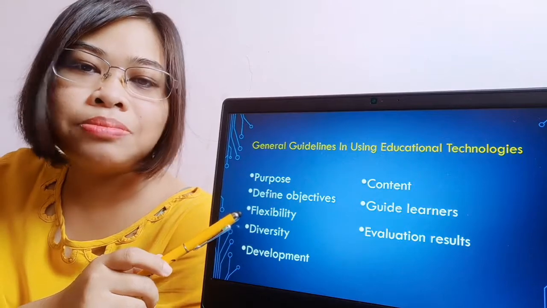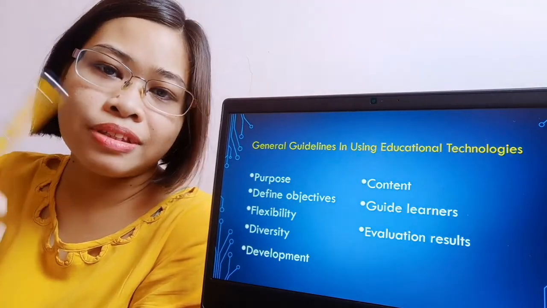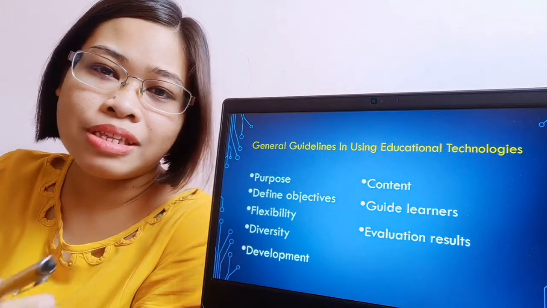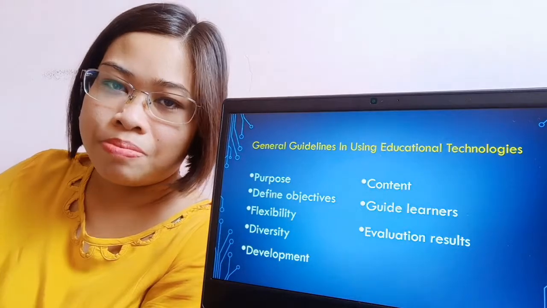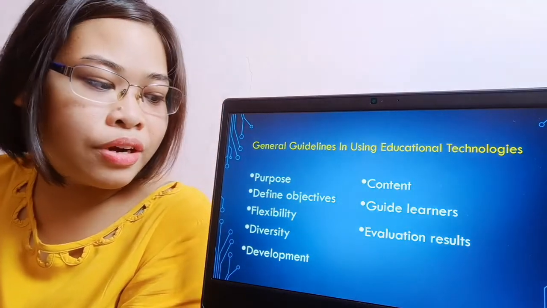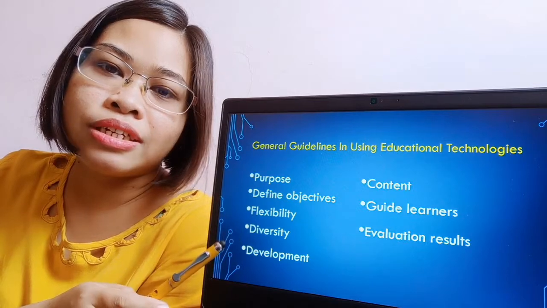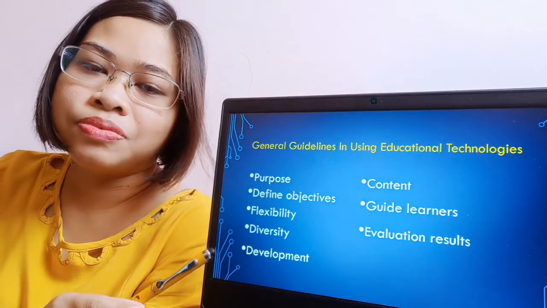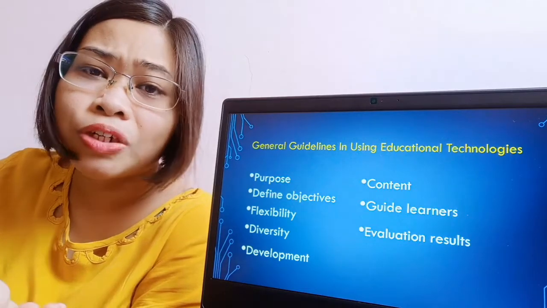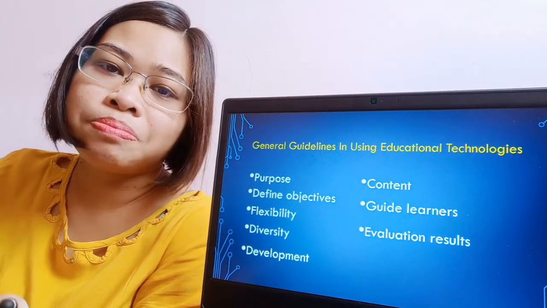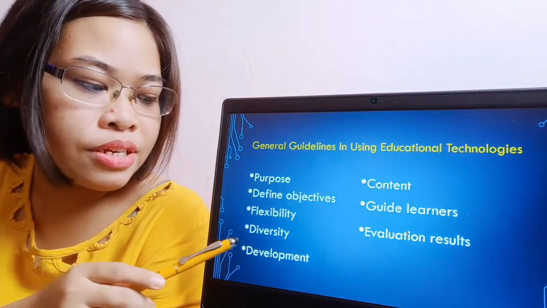Next is the flexibility. Consider that the same instructional aid or material will satisfy many different purposes. For the diversity, you can consider using a variety of learning materials, instructional aids, and resources to develop and maintain the interests of the learners.